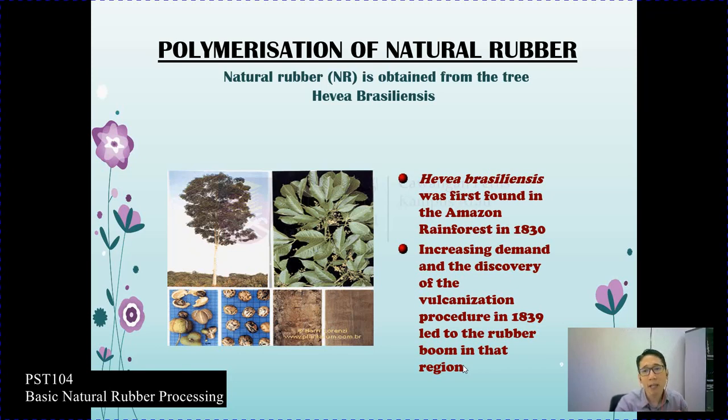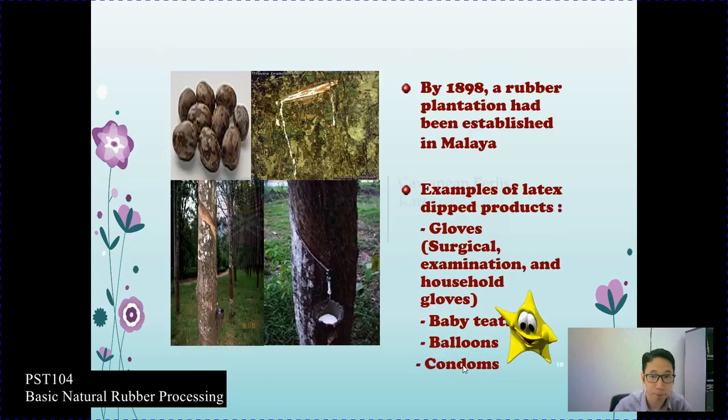Okay, when they first encountered that Hevea brasiliensis, there is not much can be offered by rubbers. But eventually in 1839, they discovered the vulcanization process to strengthen and to make the rubber more usable in our daily life, so it became a rubber boom during that time.